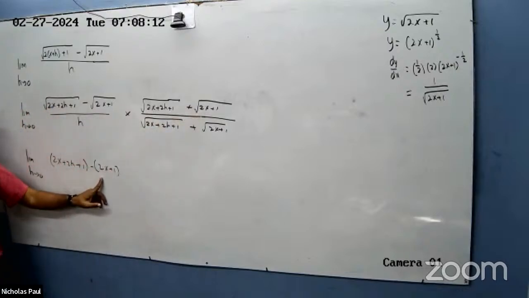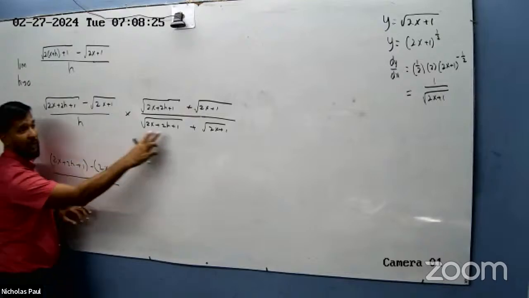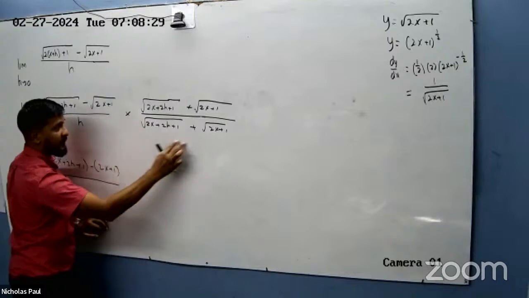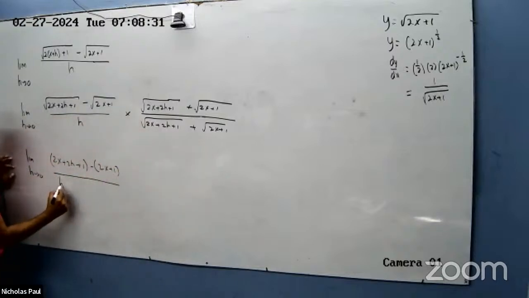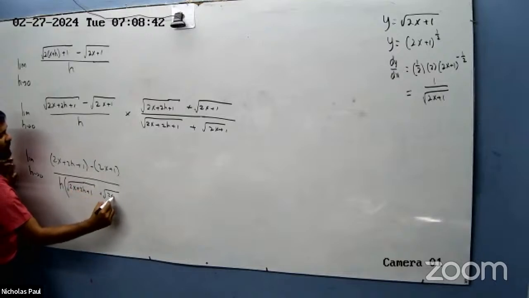Please don't forget the bracket, otherwise you'll get this sign wrong. I'm not taking it off. All over h multiplied by this whole thing here: h by the square root of 2x plus 2h plus 1 plus the square root of 2x plus 1.